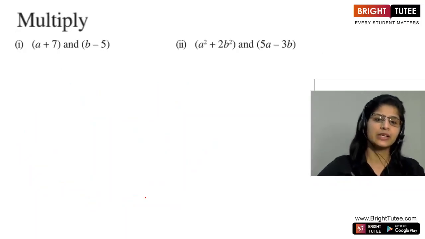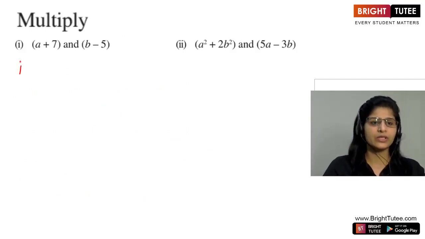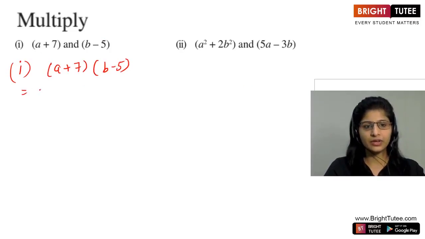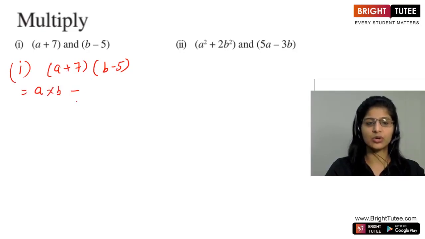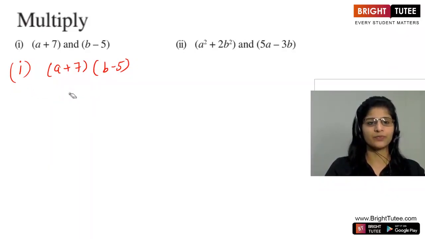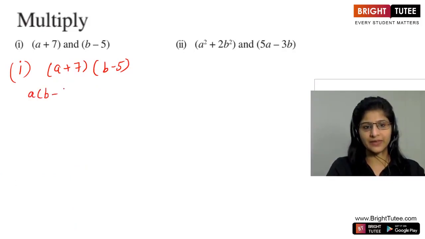So it is different. It is not going to be always the same. Let's move ahead. Here we also have to multiply these. Let us try and practice this also. So we have a plus 7 and it is to be multiplied with b minus 5. First of all we know that a is going to get multiplied with b minus 5, then use the plus sign, right?